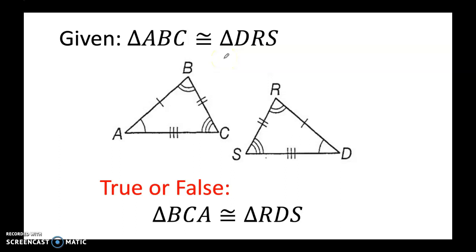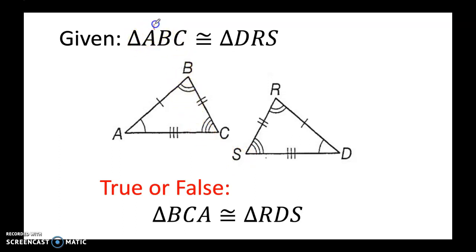Given, triangle ABC is congruent to triangle DRS. So true or false? Is triangle BCA congruent to triangle RDS? So let's use the given.